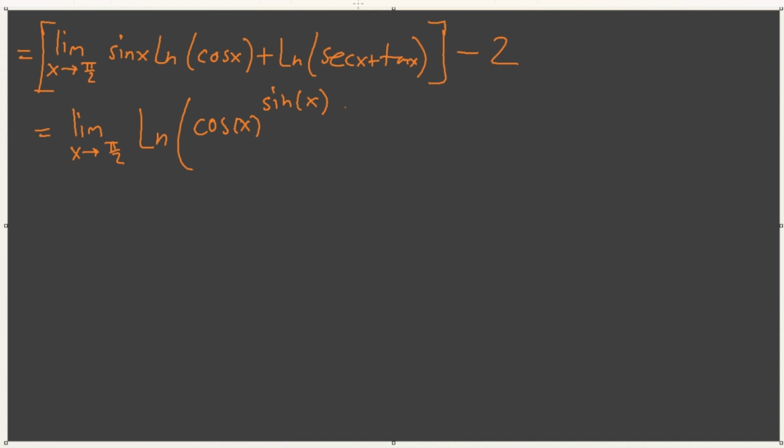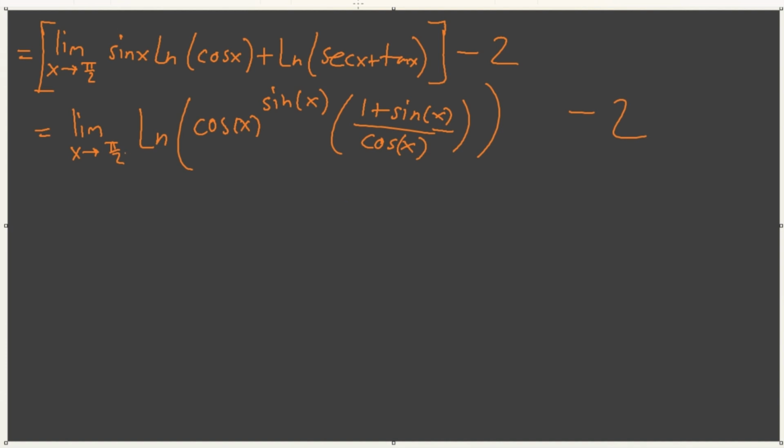Secant of x plus tangent of x, this is actually cosine x over 1 plus sine of x, right? Okay, let's put a minus 2 there. So what now? What do we do here?